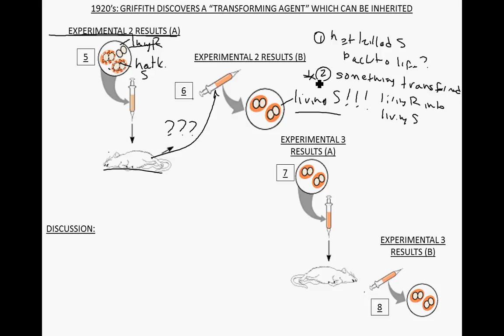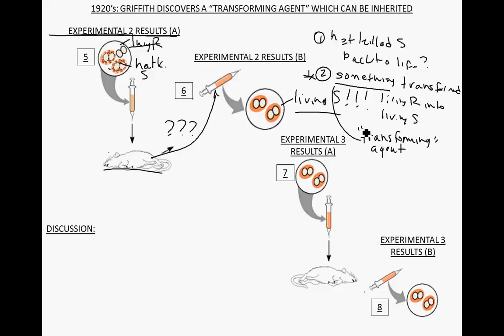And this is the logical conclusion he comes to. Something transformed the living R into living S. He does not know what this something is, and so therefore he calls this something a transforming agent. This transforming agent.